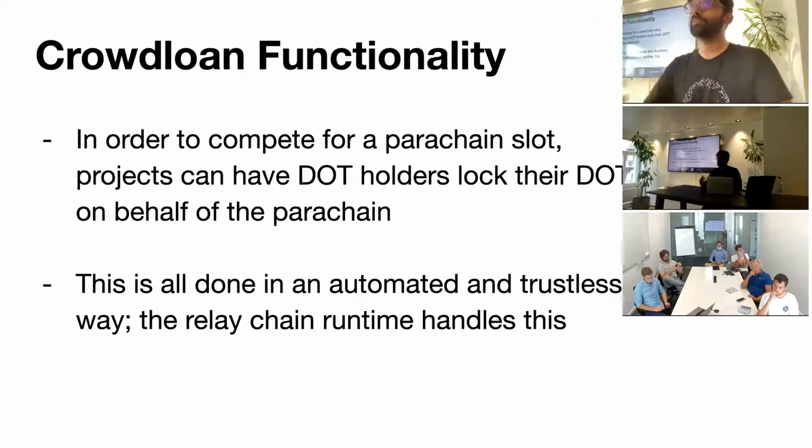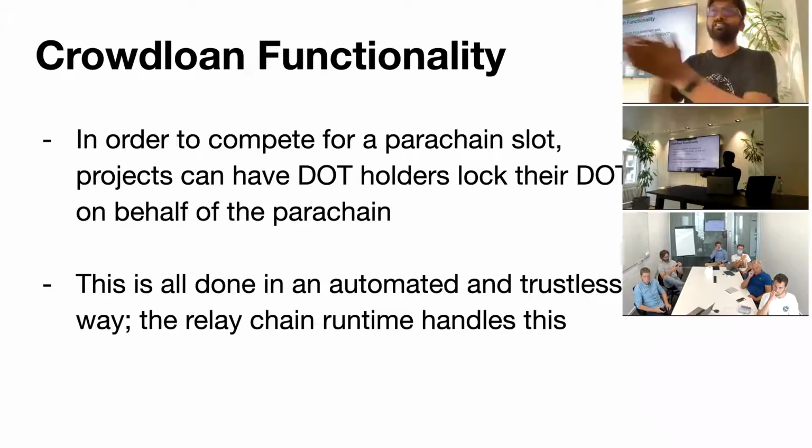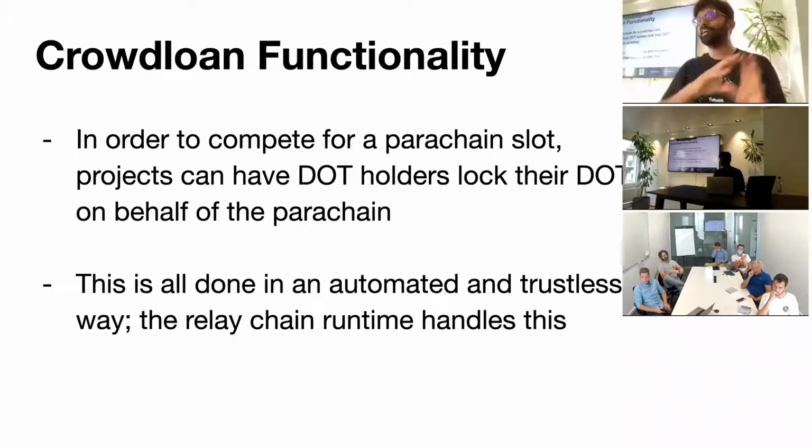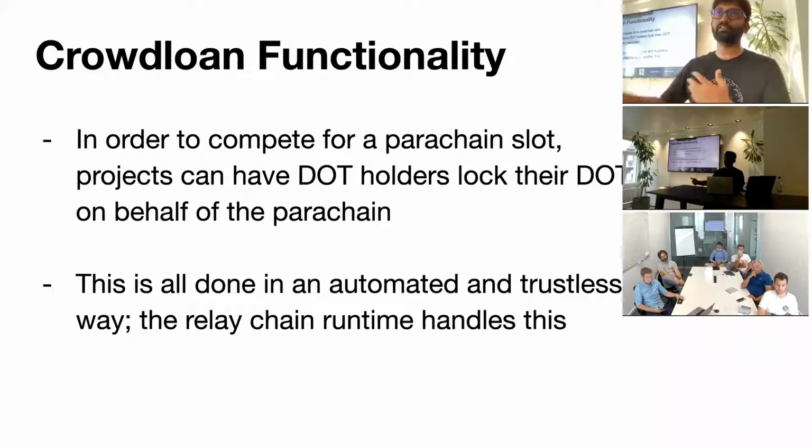It gives you an option to participate in crowd loans directly. You'll be able to contribute to it on chain, without any of these mediators. You give it to that crowd loan module, and it's going to sit on the relay chain for the slot duration.